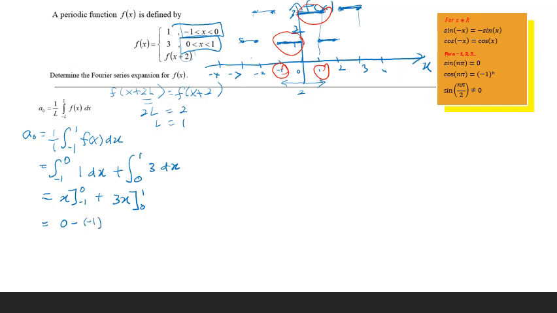Then for 3x we have 3 times 1 minus 3 times 0. So we get 1 plus 3 minus 0, so equal to 4 for a0.